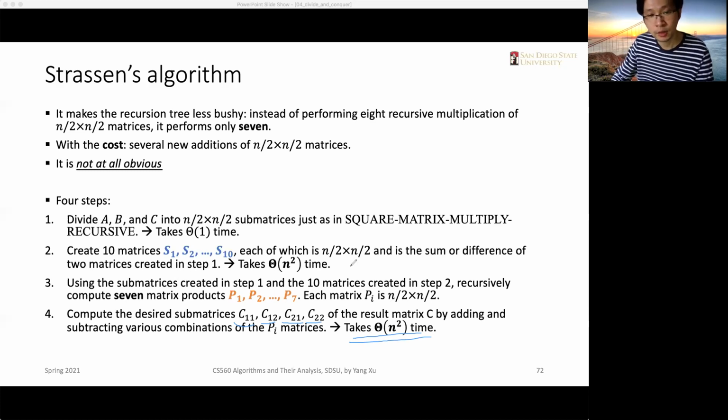So it has some additional cost here, but it turns out that the total recurrence can indeed be improved. And in the next few slides, we're going to see why this approach works.